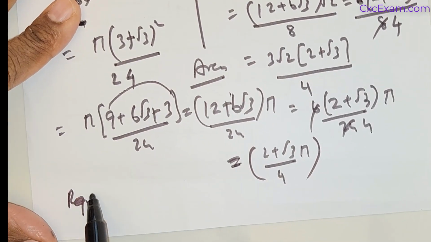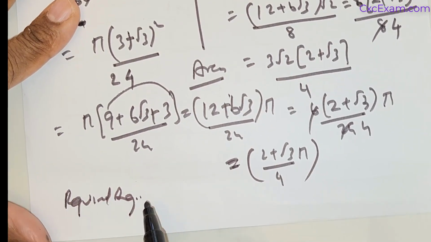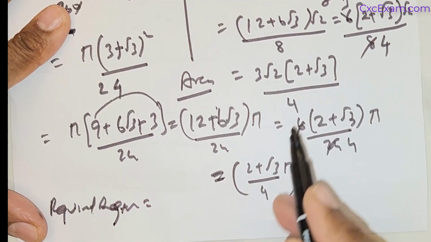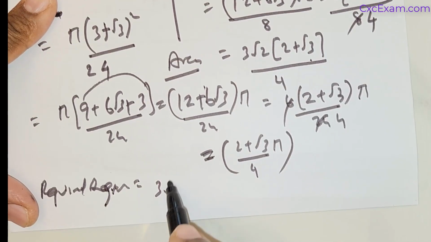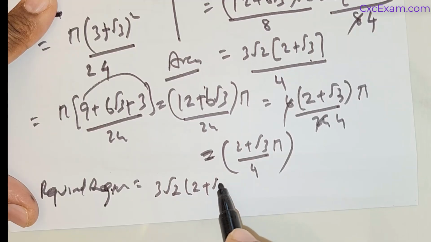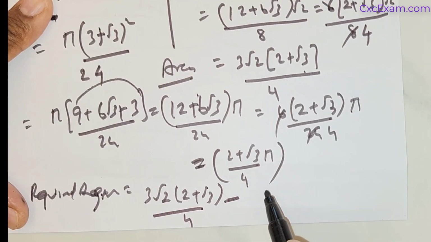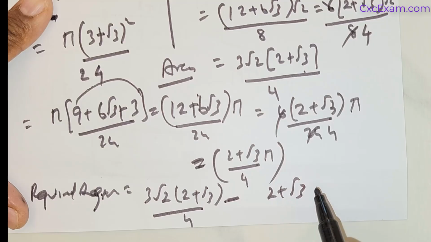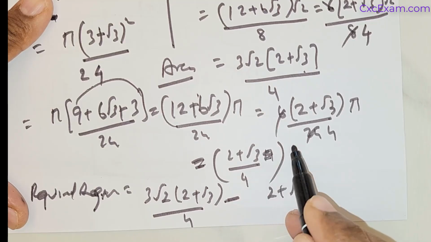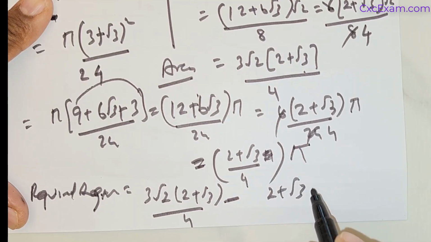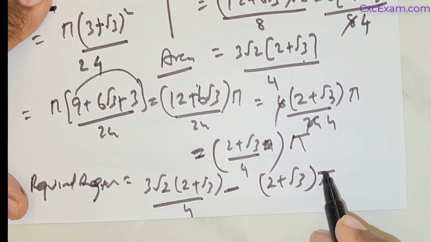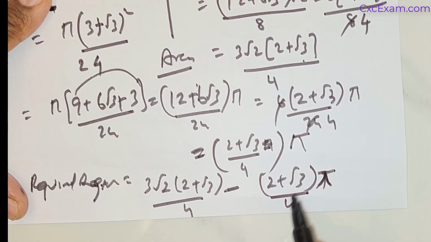So the required region is what? This is the area of the triangle, 3 root 2 times (2 + root 3) divided by 4, minus (2 + root 3) times pi divided by 4. This is what we have got.